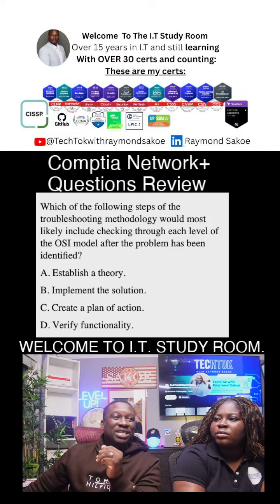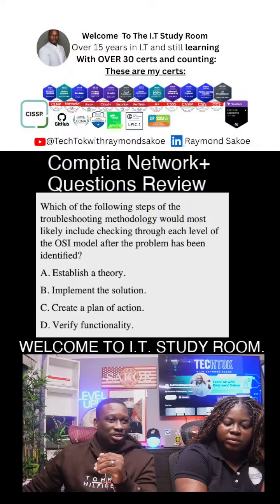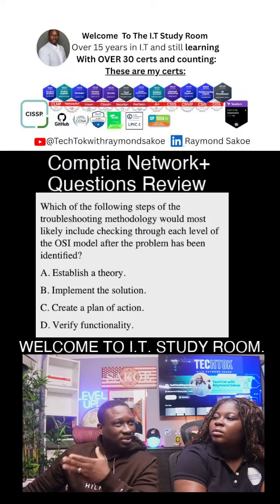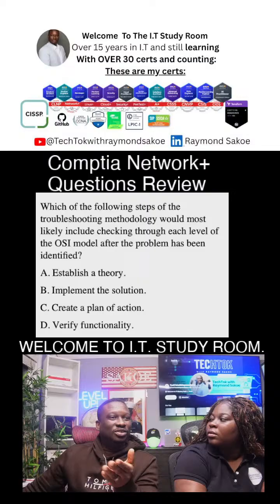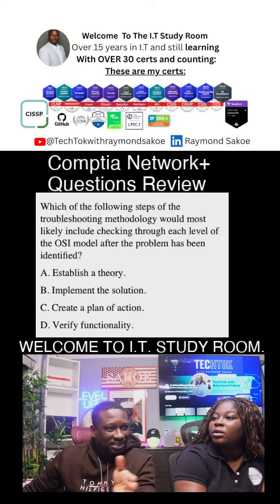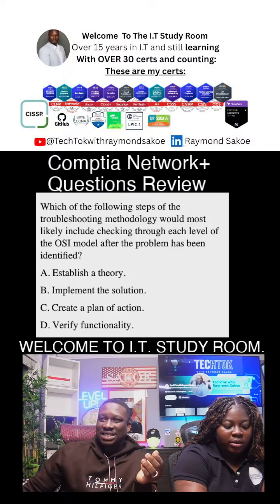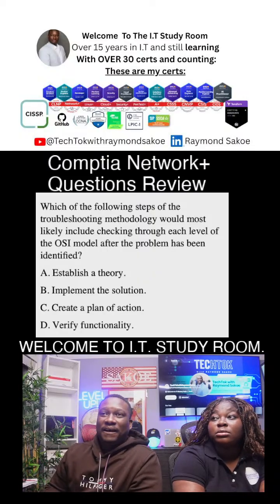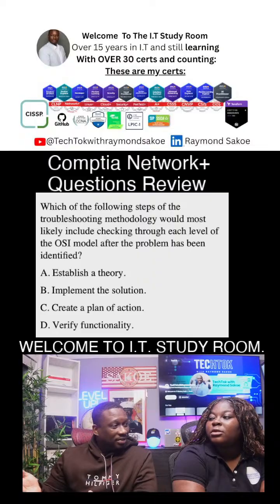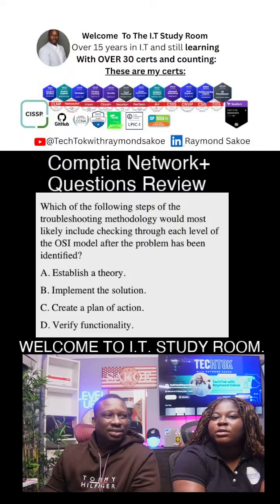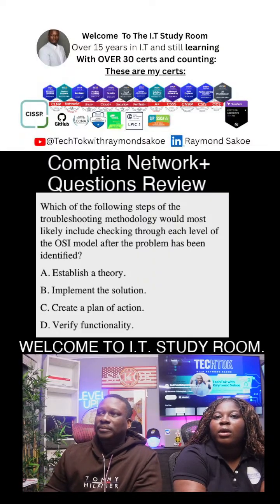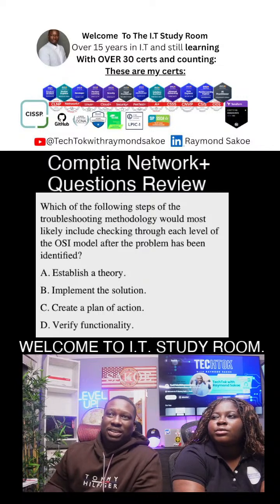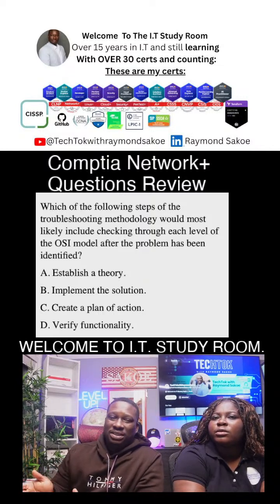Are there any recent changes, right? Did you move a new desk into your area, right? These are a few things that you need to ask the client. Maybe they unplugged something, right? So those little details are ideal, right? So that is the first step, identify the problem, right?